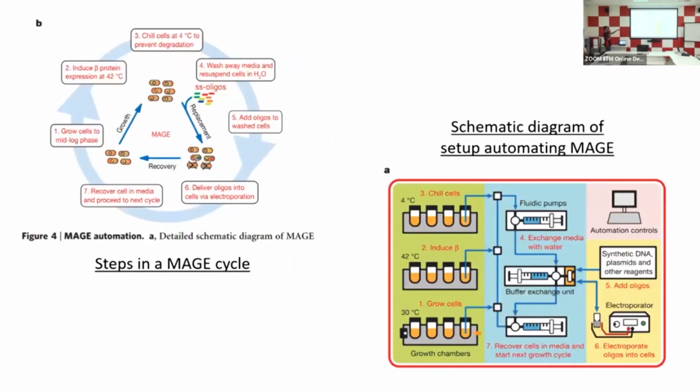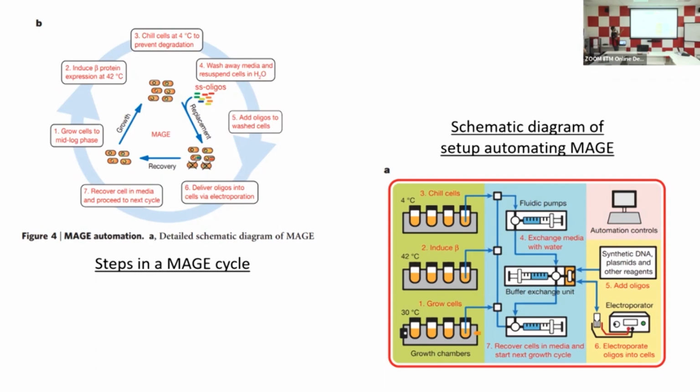So this is what a MAGE cycle looks like. First you grow the cells, then you induce the beta protein expression from the lambda phage system. If you want to preserve them, you chill them and then resuspend them when you want to transform.